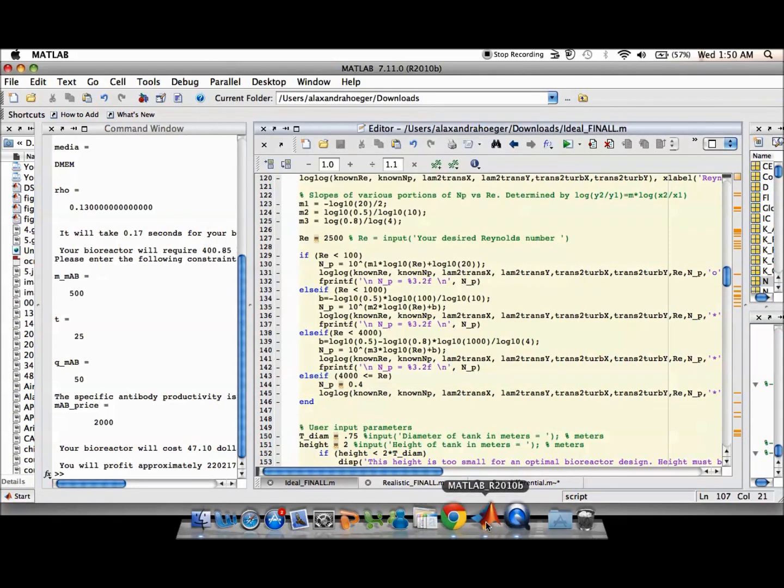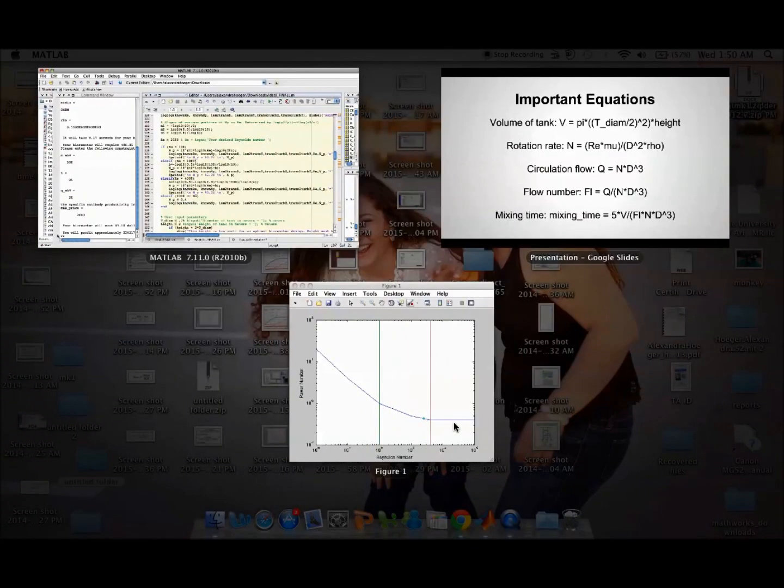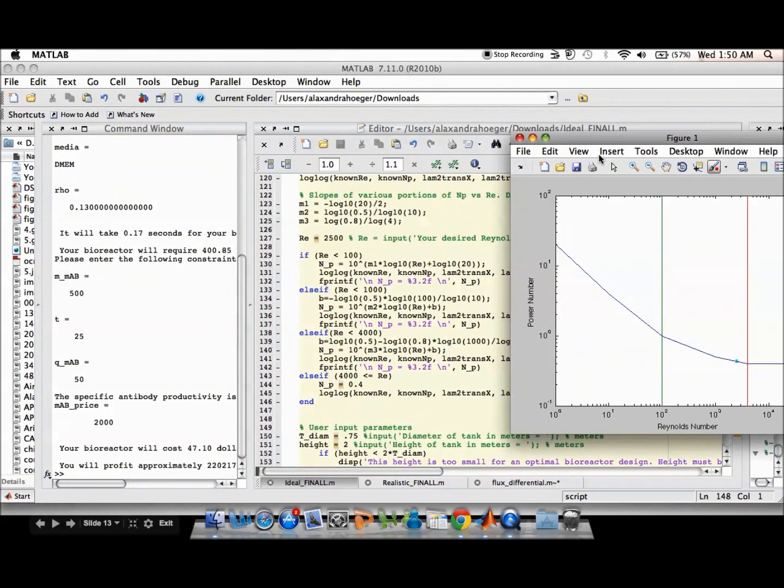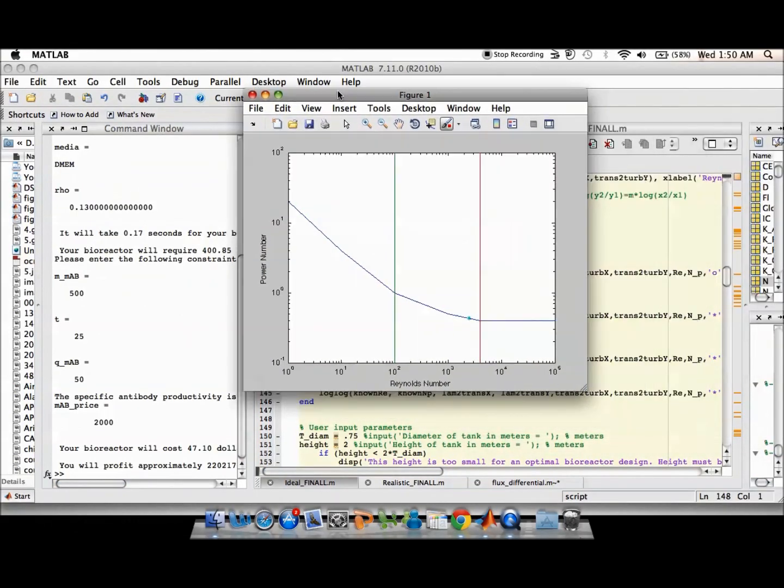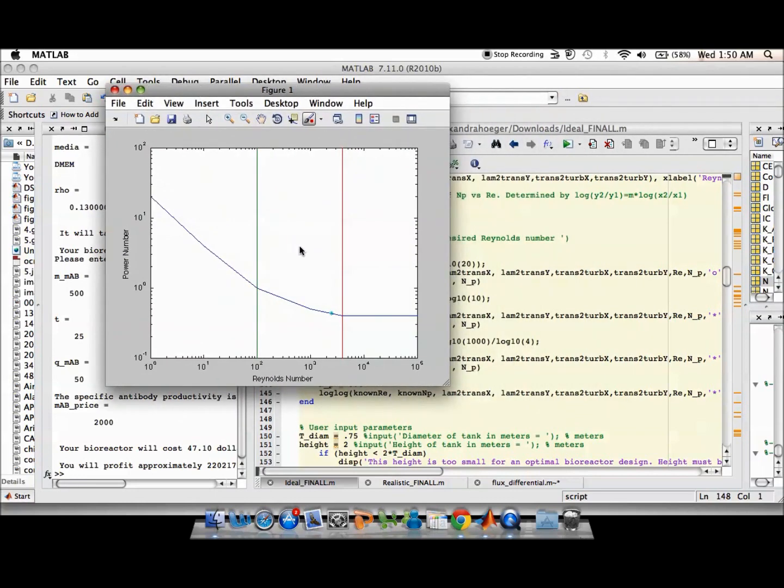Oops, didn't pop up. So then it will output this star right here to show the user where their power number is.